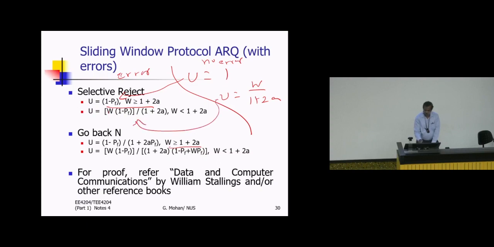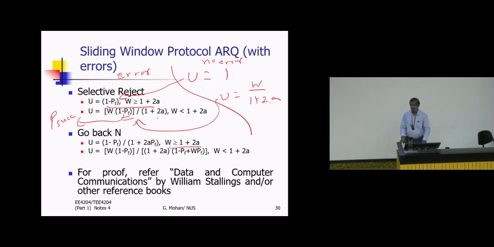Same thing, W divided by 1 plus 2A, but you are multiplying it by success probability. Is that fine? Very simple. 1 or W by 1 plus 2A. No error. If there is an error, you multiply it by success probability.